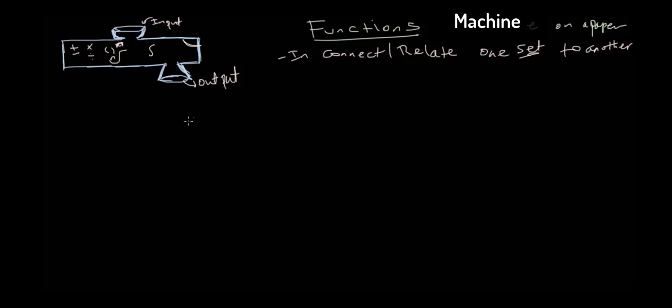For example, let's use a different function. We have the input here, the rules or processing, and the output. Let's see with specific examples. Let's have a line here to make it very clear.